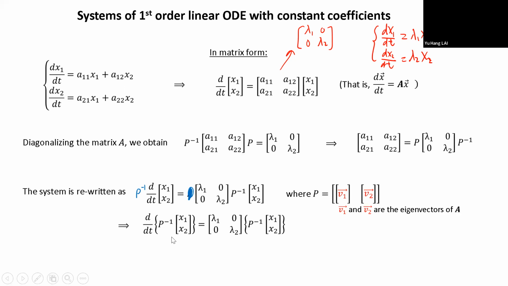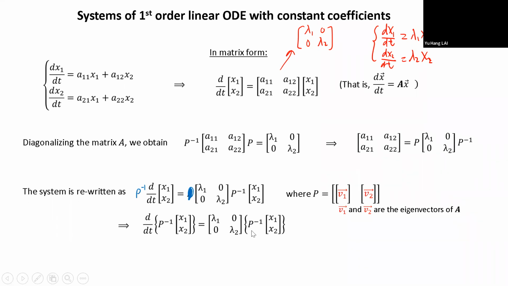Now, on both sides of the equation, you can see this P inverse x vector, here also P inverse x vector. I'm using this bracket to emphasize that I now treat this whole thing as one object. What is P inverse x vector?